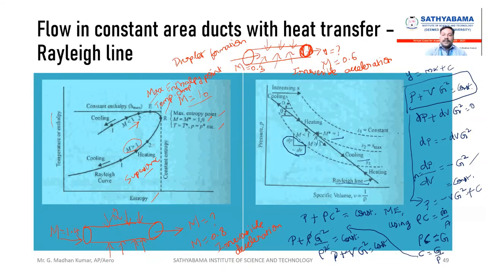So we are maintaining constant entropy where the Rayleigh line won't form, and then we have the other minimum level of entropy line. The Rayleigh line is not only at maximum entropy. At the maximum entropy line, the curve is the Rayleigh line, right? So this is nothing but the Rayleigh line.